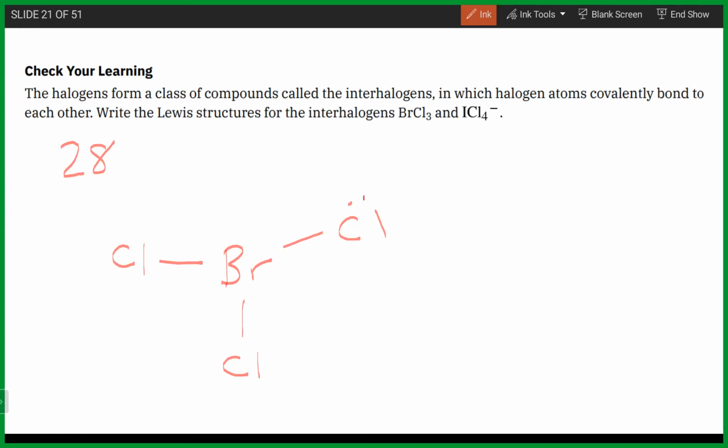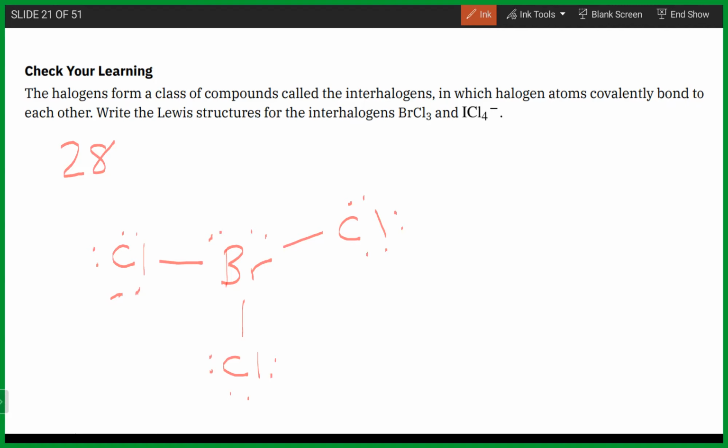But then by doing this, we can do lone pairs on each of these chlorines. So at this point, once we fill in the valence shell of these chlorines, we've used 24 electrons total. So again, we're going to have to expand the octet. We're going to add 2 more sets of lone pairs, so 4 total to that bromine to use 28 overall.